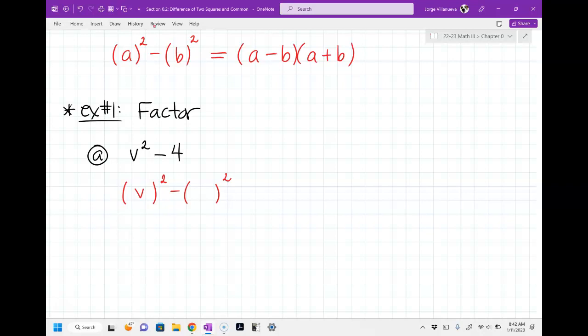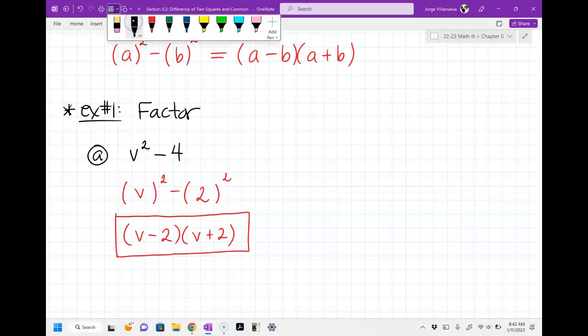What squared is 4? 2. So all you have to do is write v minus 2, v plus 2, and you're done. Okay? So you're done at that point. Pretty easy.